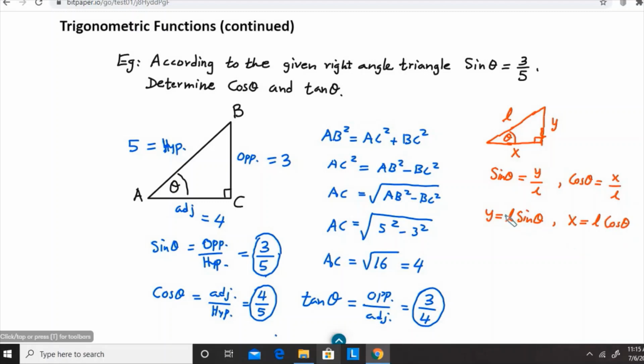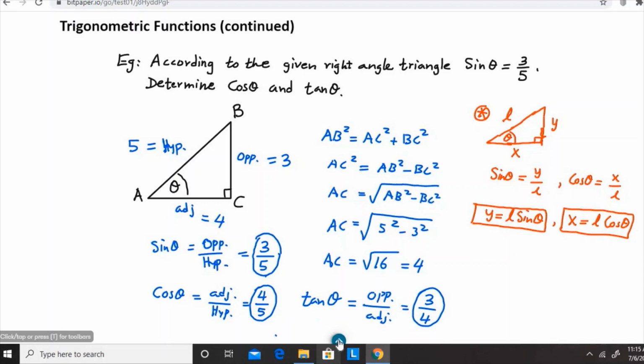So you'll see later on in the vector review as well as during the course, you'll see this sine component and the cosine component. How to find the sine component and cosine component would be extremely important. So keep this in mind because this is very, very important. Okay, so this part is important.